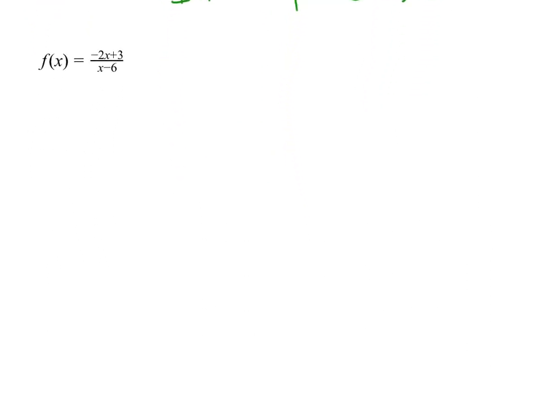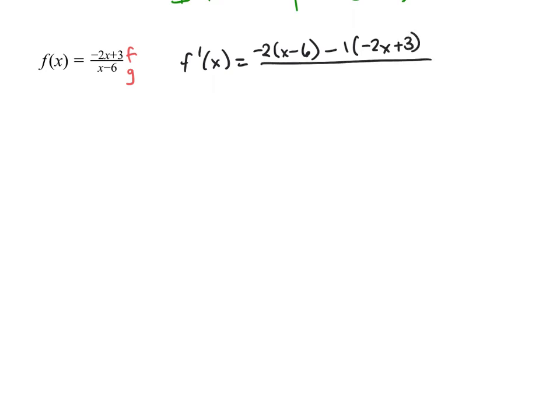This is a tricky one because we've got the undefined values again. So we have to find our first derivative first using our quotient rule because this is a quotient. So f prime, the derivative of the top, is negative 2 times the bottom minus the derivative of the bottom, which is just 1 times the top, all over g squared. Now the problem with these problems with the quotients, a lot of times you'll have to do this twice.